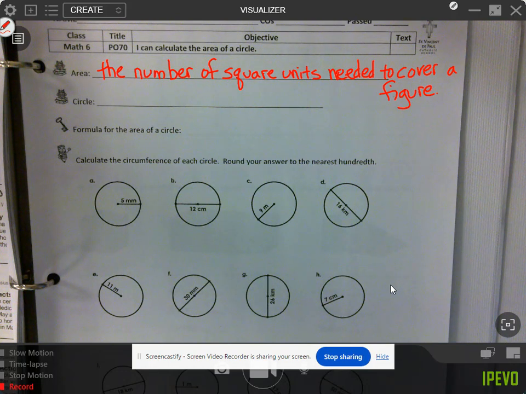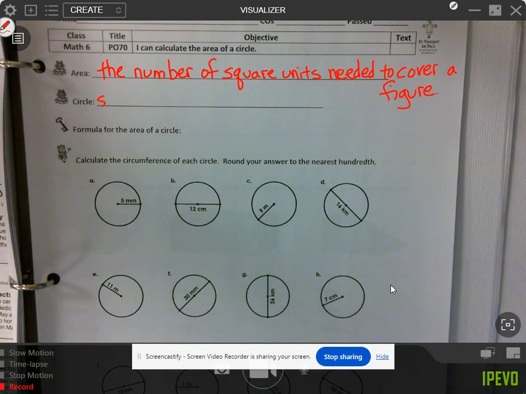So remember the area of the rectangle, looking at our backyard. If I need to put down grass all over the backyard, how much do I need to cover that whole area? Same thing with the circle. If I make a garden that is a circle shape, how much soil do I need to cover that whole area? The circumference, the perimeter, that's going around the outside. If I want to put a fence around the outside. Area is covering the whole inside.